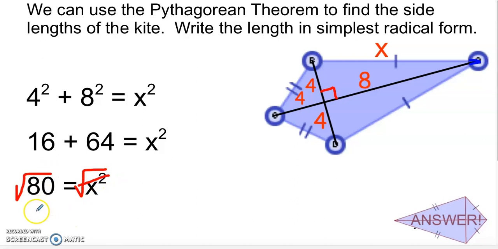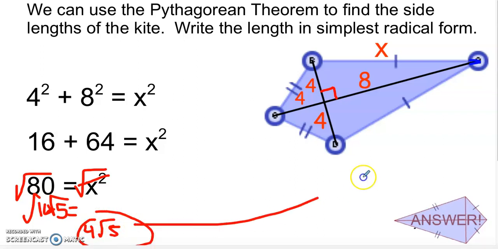So the perfect square that goes into 80 is 16. And 16 times 5 is 80. And the square root of 16 is 4. And the square root of 5 just comes along for the ride. So the measure of x is 4 square root of 5.